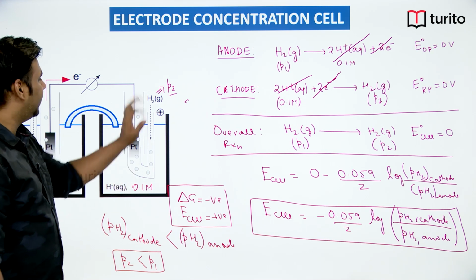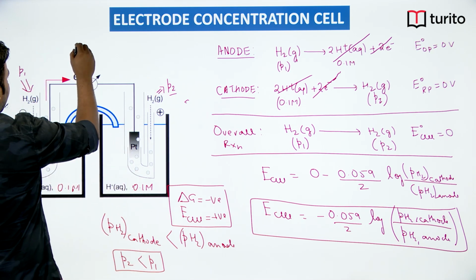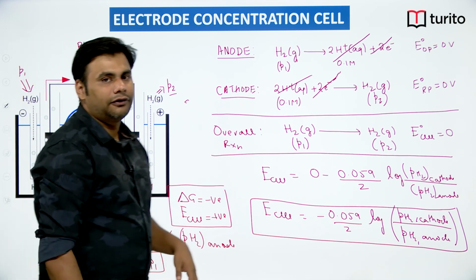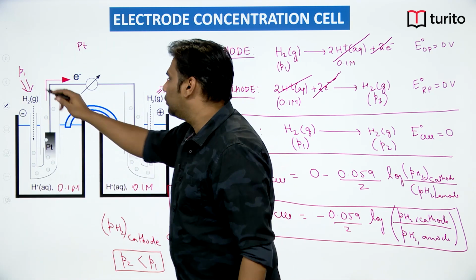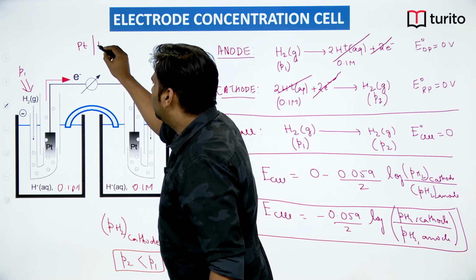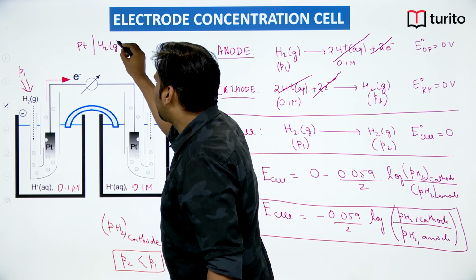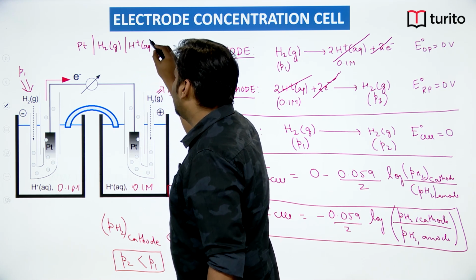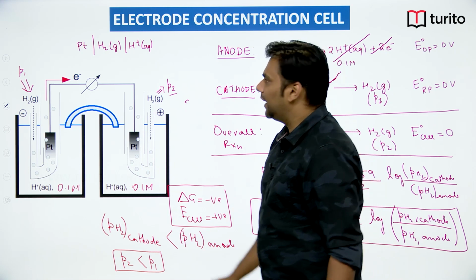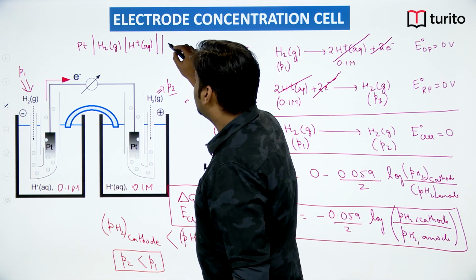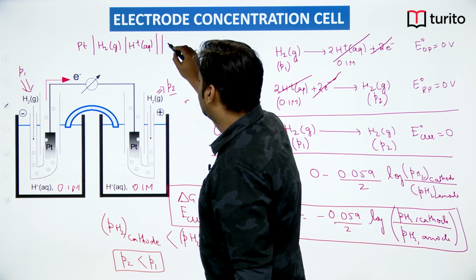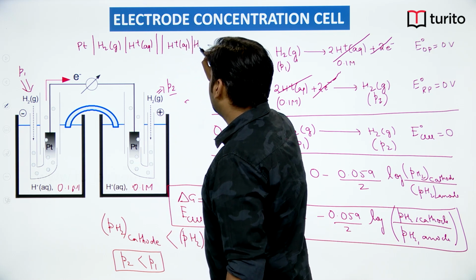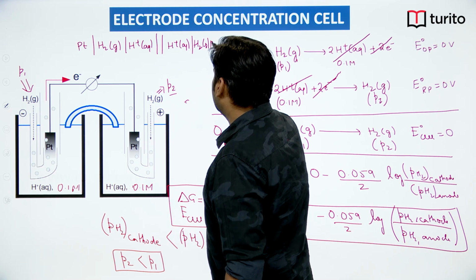Now we can represent this cell as follows. If we start from the anodic half, as I've already told you, when you enter into the anode, we enter through the electrode, encounter the hydrogen gas, and then get H plus ion. Then we have a salt bridge. When we enter into this, the H plus ion changes into hydrogen gas and then platinum.